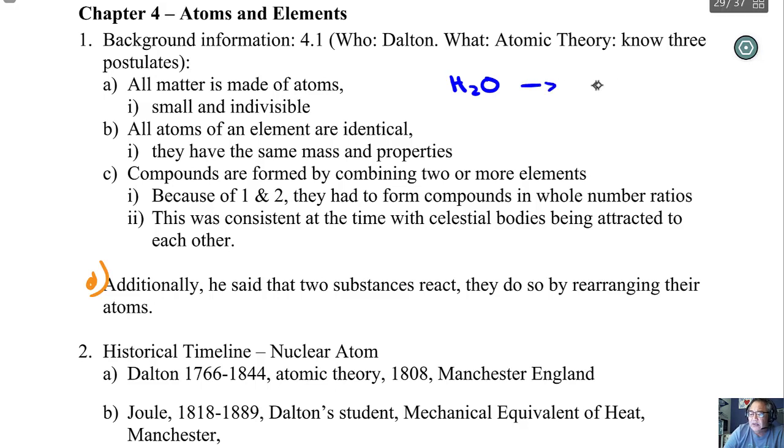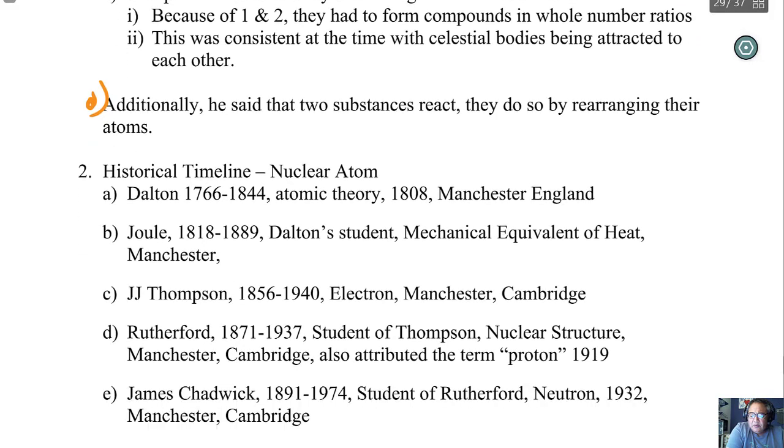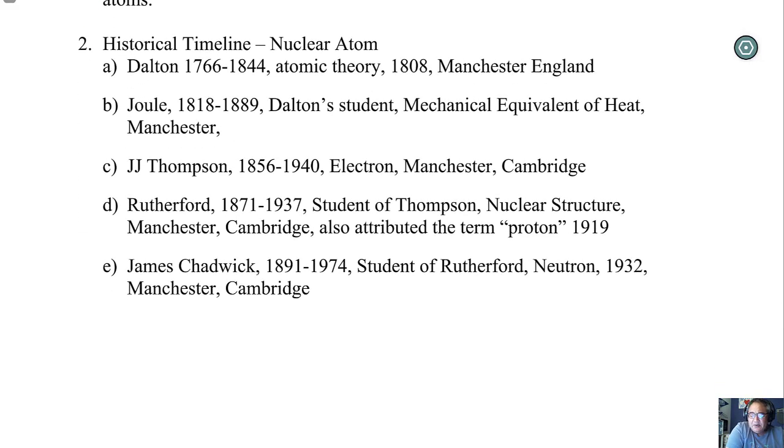If you take H2O and you break it into its elements, you're going to get hydrogen and oxygen. So this is a rearrangement of the atoms to form new substances, in this case the elements hydrogen and oxygen. So that was what John Dalton said, and there's a lot of history to that particular theory, which you could learn in a Chem 1A class if you move on.